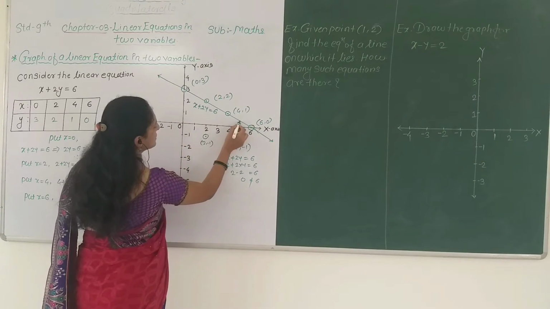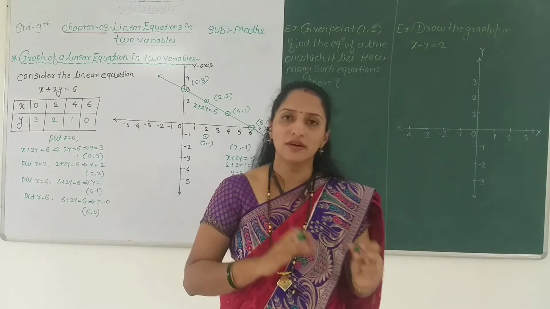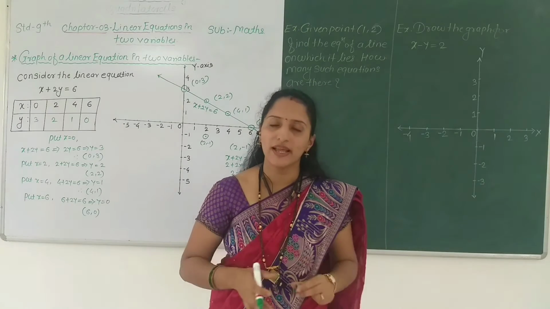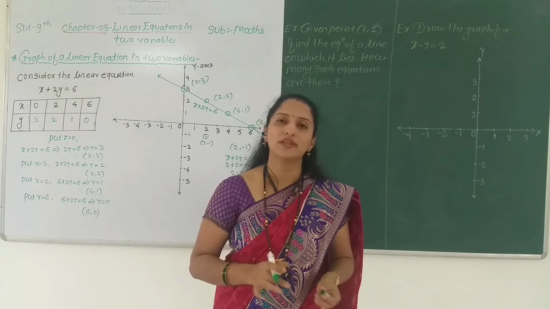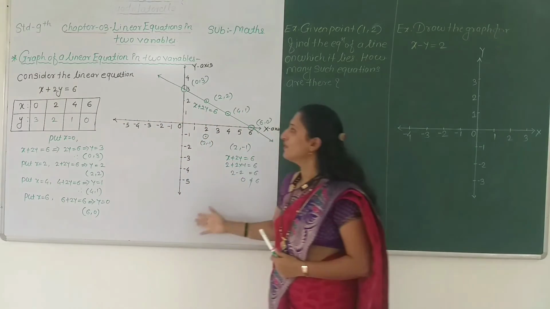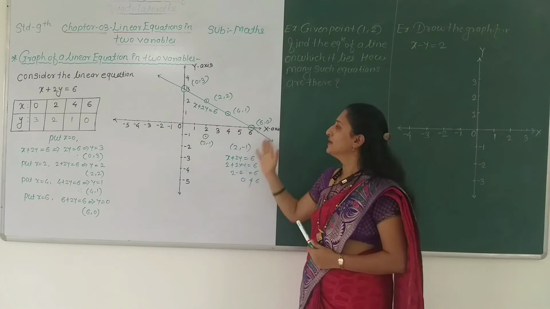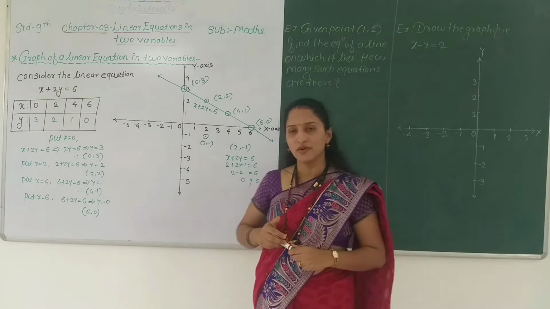That means you only have to remember that every point that lies on the line satisfies the equation. So in this way we can show the equation of a line using the graph.